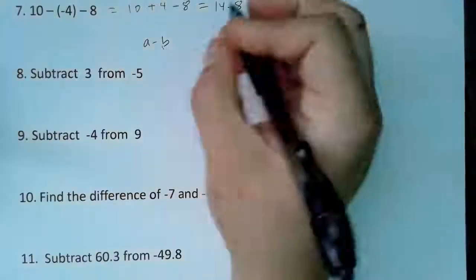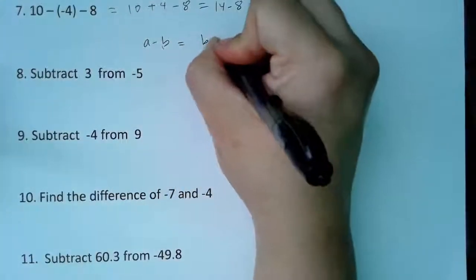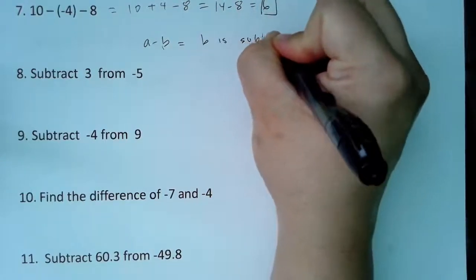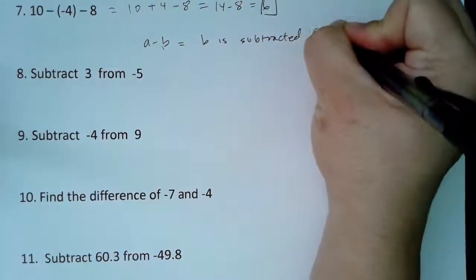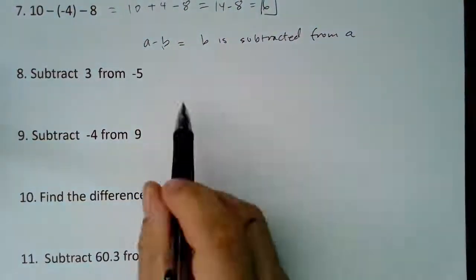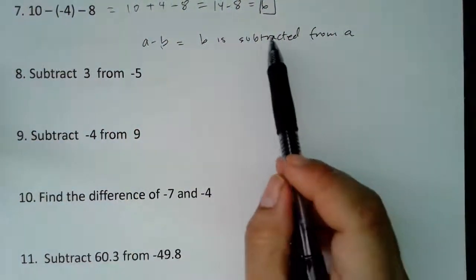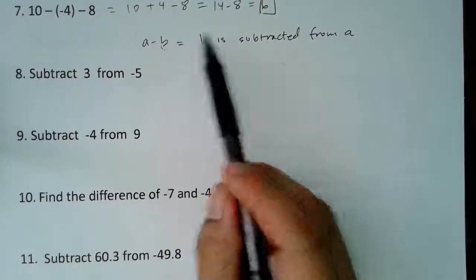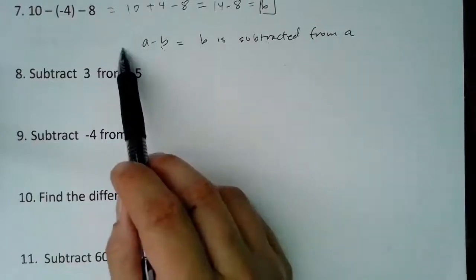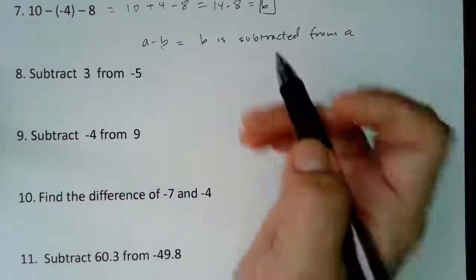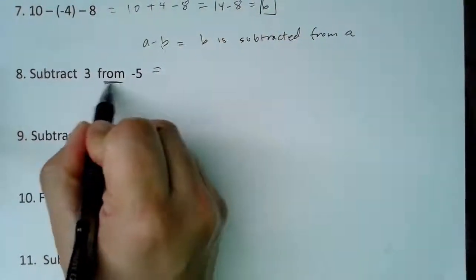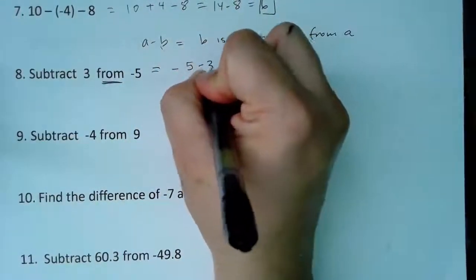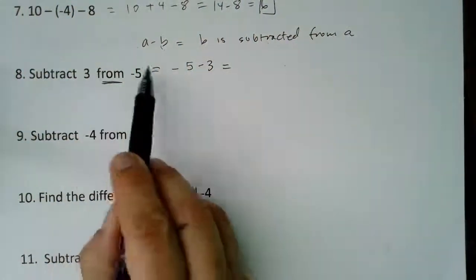That's equivalent to saying B is being subtracted from A. So whenever you say subtract from or whatever, the first number is going to go second, and whatever you're subtracting from, that goes first. So it's kind of different. So when you're saying subtract 3 from negative 5, you're actually saying in symbols negative 5 minus 3. Okay? So see how the order switches?